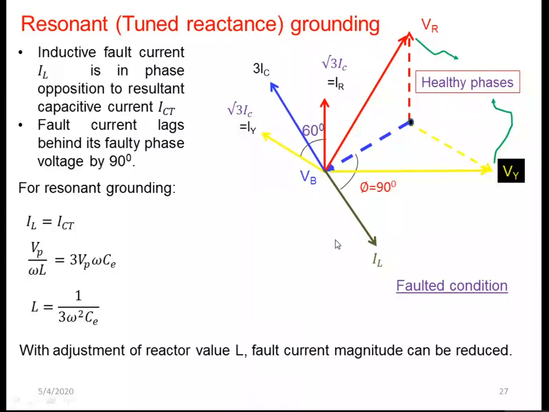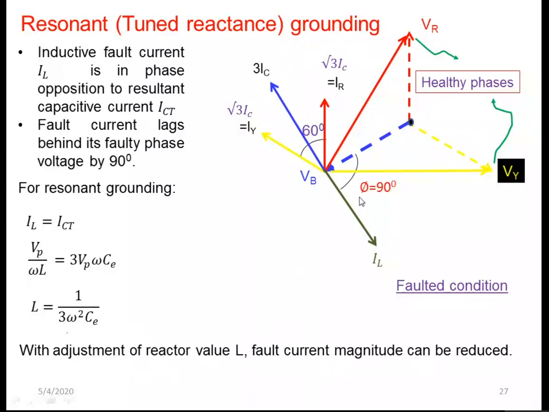And then depending upon the resonant condition to be determined, we can know what should be the value of L here. This omega is at the system frequency, 50 Hertz. With the adjustment of the reactor value, we can vary the magnitude of the fault current. So the fault current magnitude can be reduced by the adjustment of this L value.